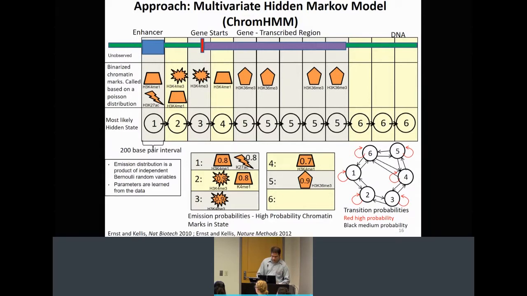So through that transition structure, for example, you could learn that in this location here, where you don't have any H3K36me3 marks, you could still be in that state 5, while when you go over here to this region, you might actually transition to a different state, even though at both locations you didn't see any marks.